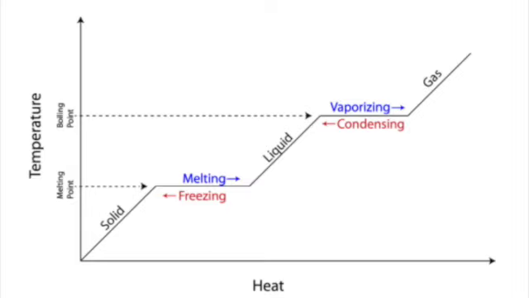And once we change all of it to a liquid, then we see that temperature start to come up, until we get to that point where we have to change all of the water, at 100 degrees Celsius, to a gas before we can start to get that gas to be hotter than 100 degrees Celsius.